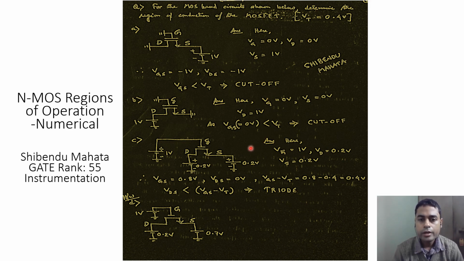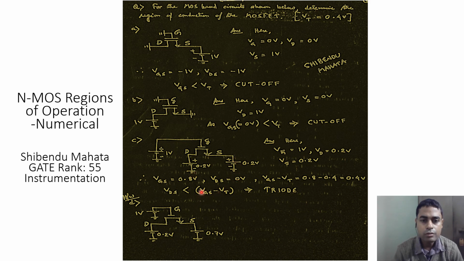Now let us look at the condition of VDS and VGS minus VT. We know that VGS is equal to 0.8 volt and VT is equal to 0.4 volt, and therefore the overdrive voltage is equal to 0.8 minus 0.4, which is equal to 0.4 volt. On the other hand, the drain to source voltage is equal to 0 volt because the drain terminal is at 0.2 volt, the source is also at 0.2 volt.